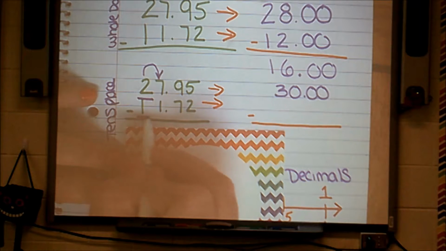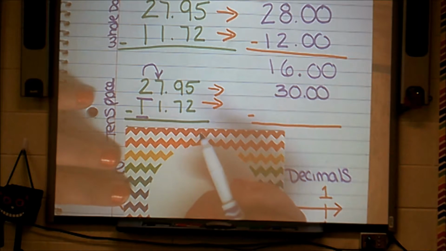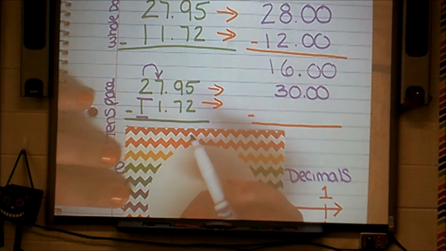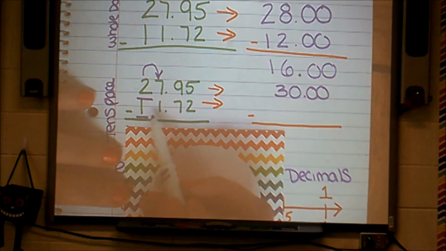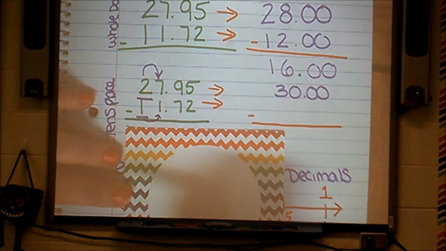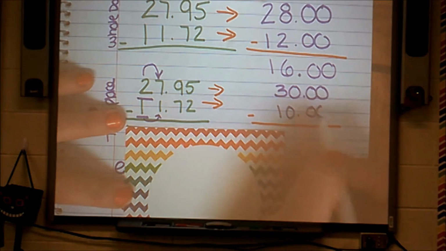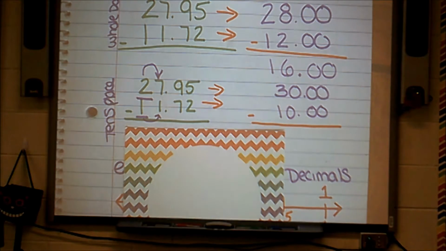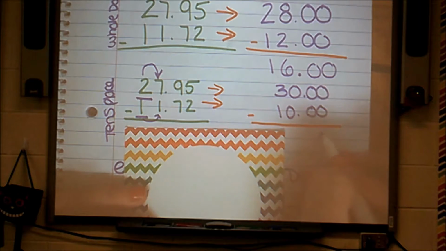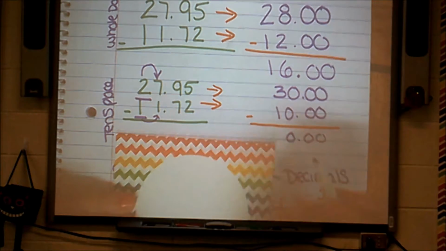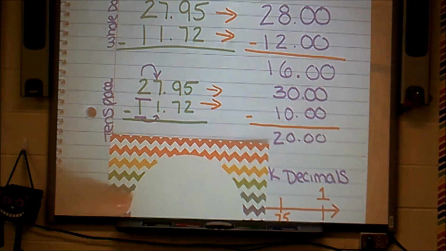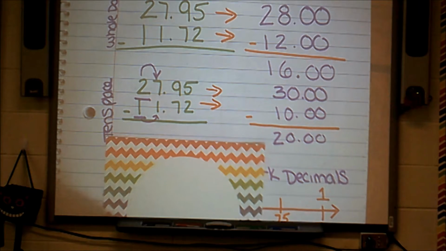And my $11.72, my 1 is in my tens place, meaning that I look over to my 1 in my ones place, and 1 says freeze, so my 1 stays the same, everything else turns to zeros. So my $11.72 rounded to the tens place is about $10, and then I subtract that way, giving me about $20 left over.